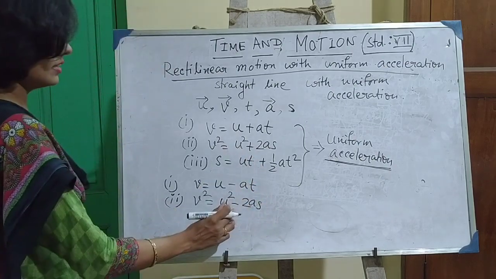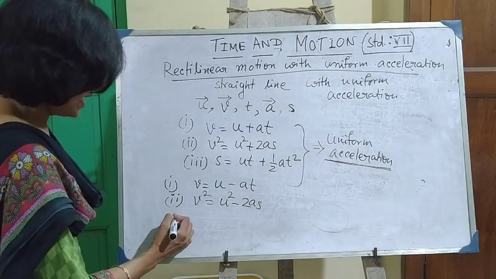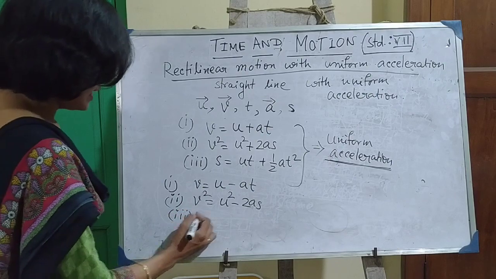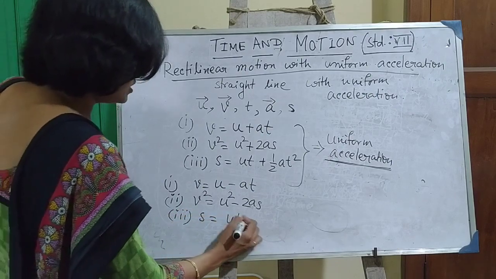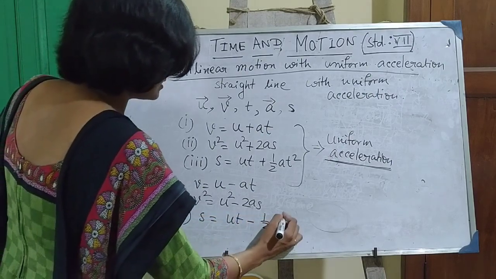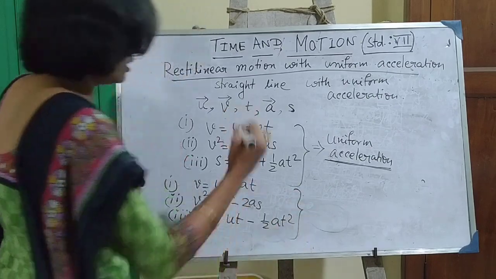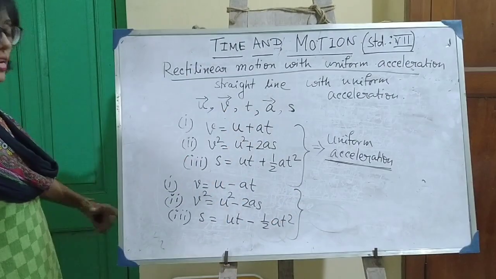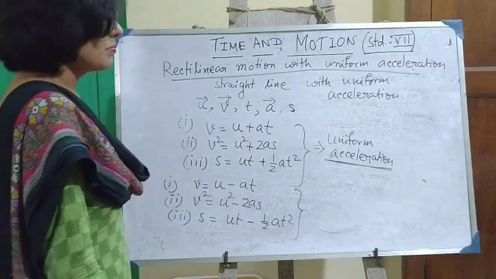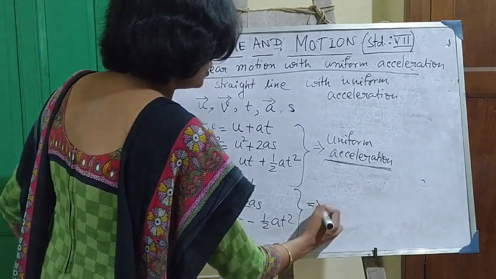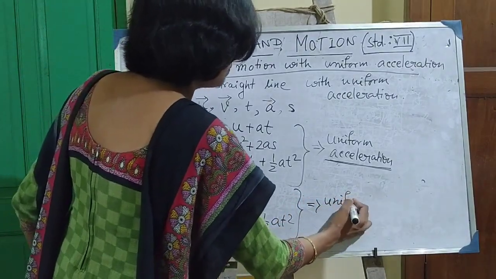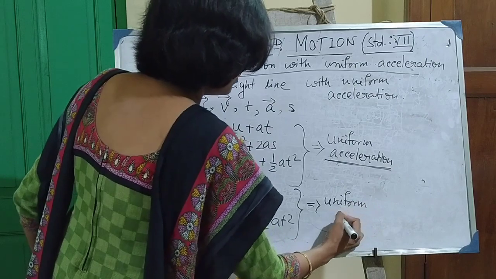Instead of the positive sign, here we are using the negative sign. And number 3, s equals to ut minus half at square. So these three equations are only applicable for a body when the body is moving with uniform retardation.